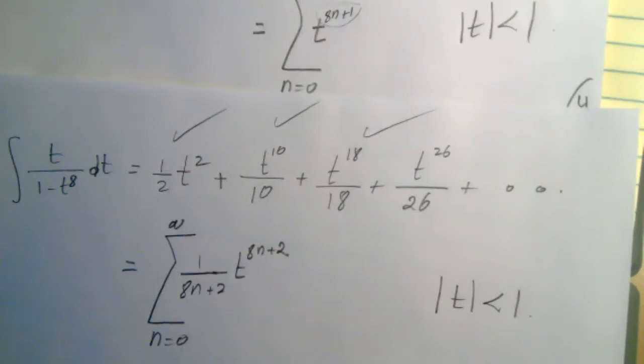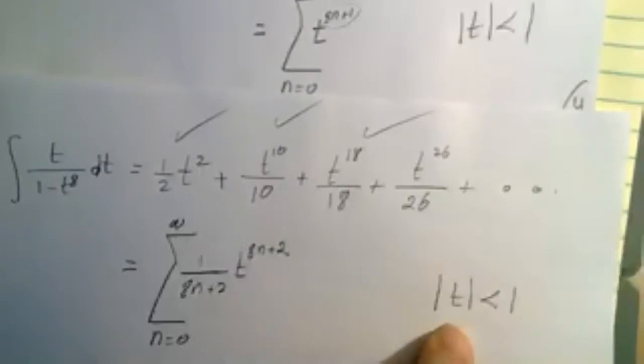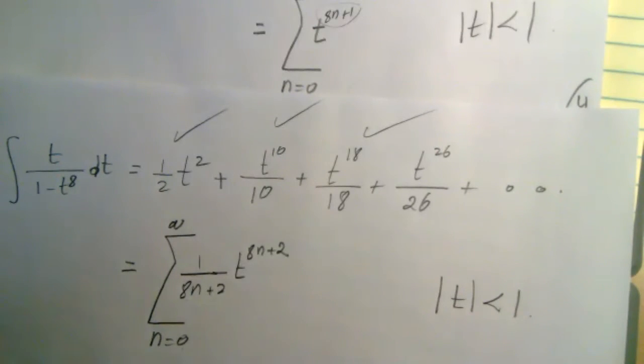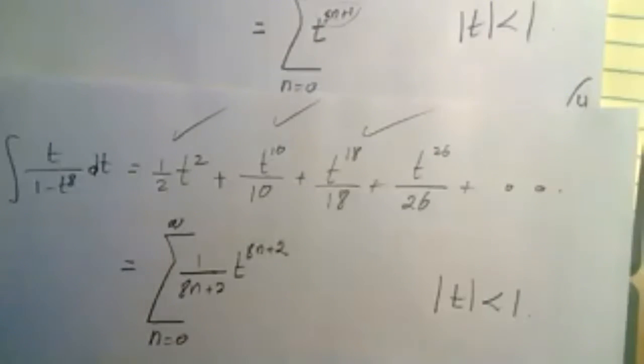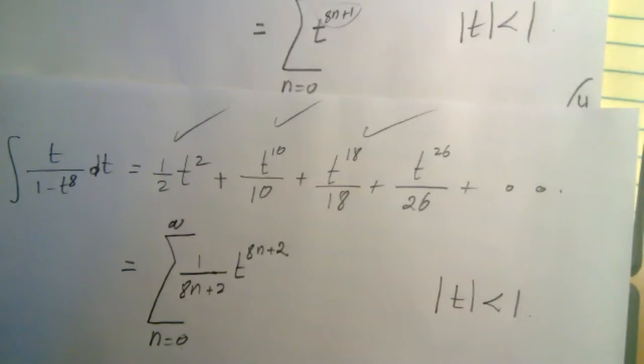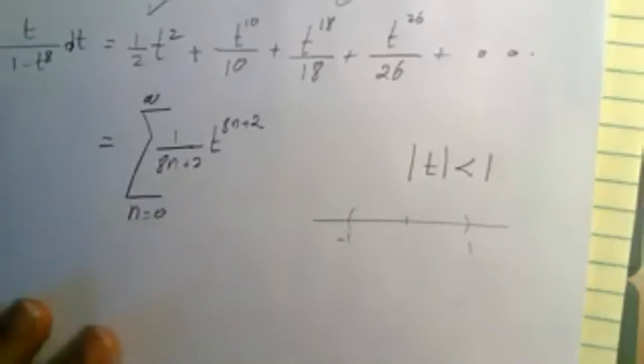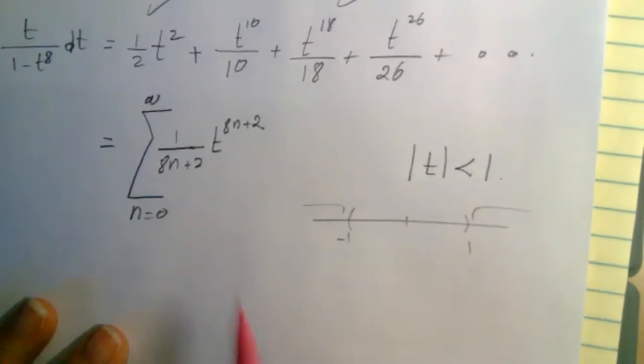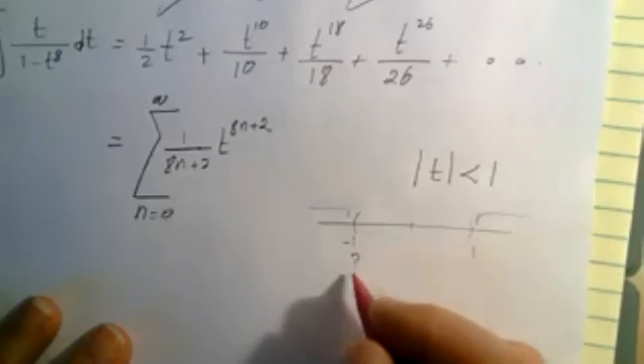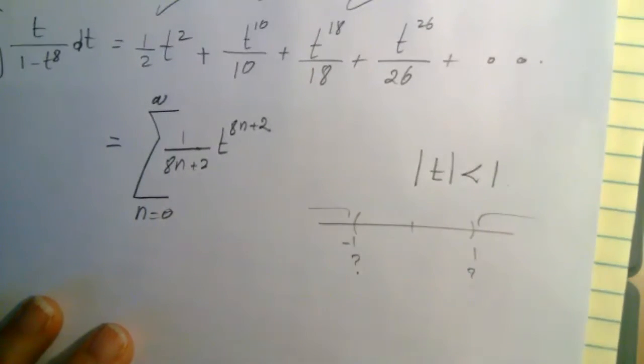All right. Any other questions before I go to your review? Do you want us to find the interval of convergence when we do these problems? That's the interval of convergence. For those problems, I don't want you to worry about the endpoints. So here, absolute t less than 1, it means it converges between -1 and 1. It diverges here. But for those typical problems, I will not ask you the endpoint.